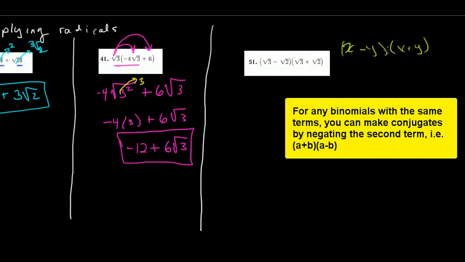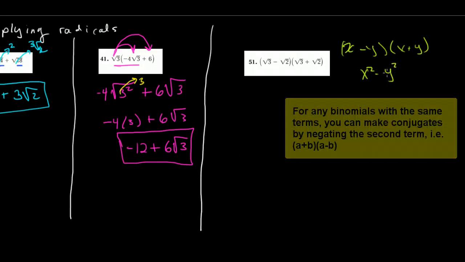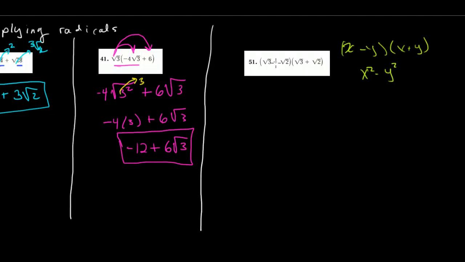Now, when we do this, we know that we have x squared minus y squared. And let's just see, do you think it'll come out exactly the same or any different, the result of this sum and difference of the same terms as this one does?